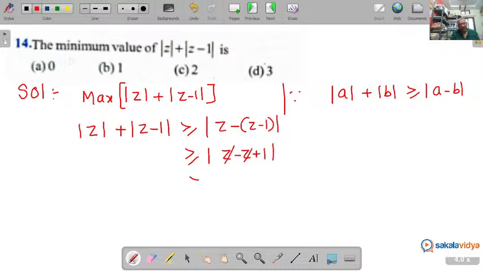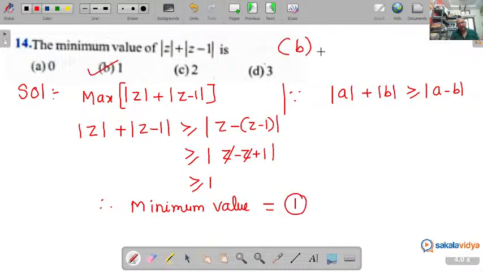So z cancels, and it is greater than or equal to 1. This value is greater than 1, which means the minimum value is equal to 1. So B is the right option.